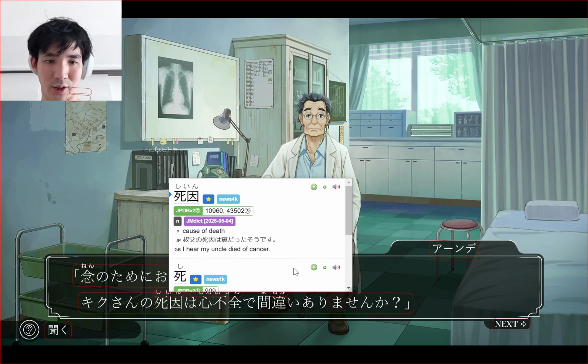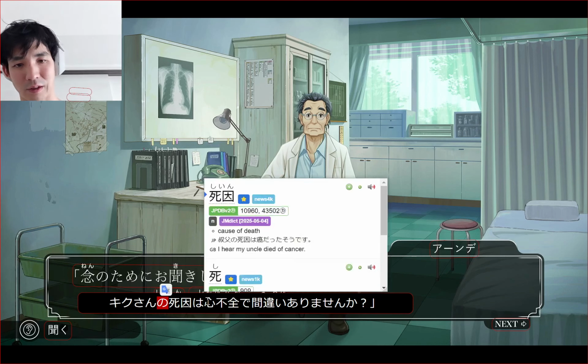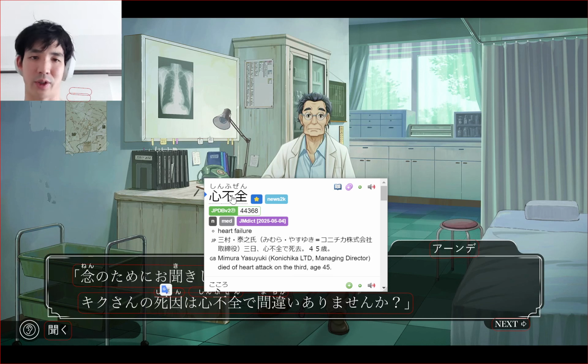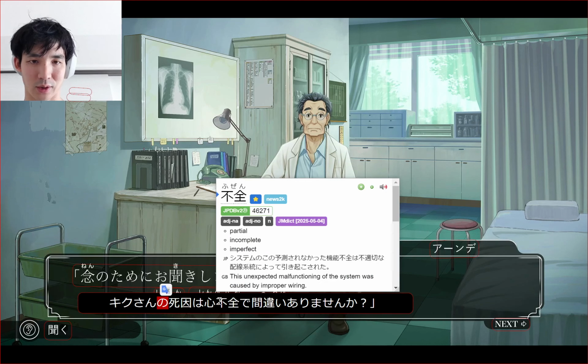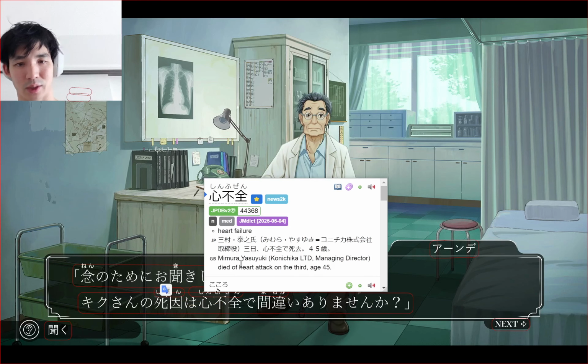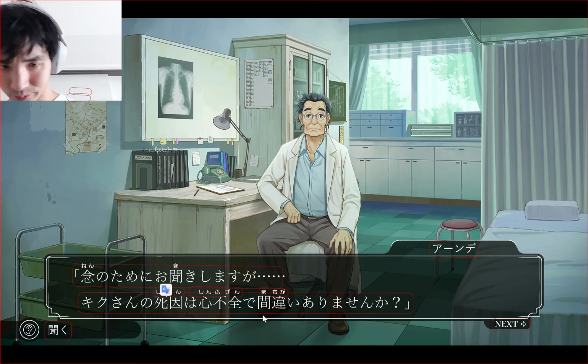Shi, death, in, cause. Kiku-san no shi-in. No is the possessive, right? So the cause of death of Kiku-san, shi-in wa shinfuzen. Shinfuzen, heart failure. Your heart, fuzen is like incomplete, impartial, imperfect. Shinfuzen, heart failure de machigai arimasen ka?